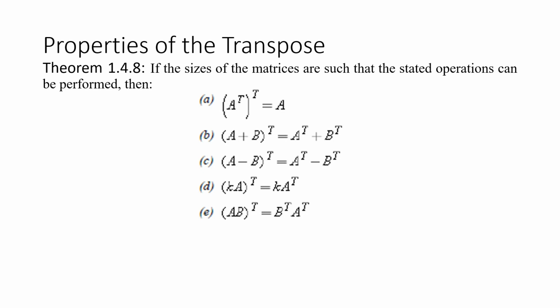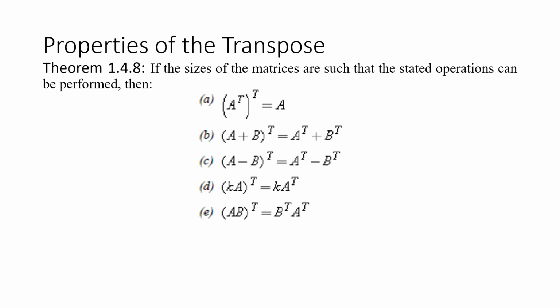And in part B, it states that adding the two matrices and then interchanging the rows and columns produces the same result as interchanging the rows and columns before adding. Part E is less obvious, but for brevity, we will omit its proof as well.